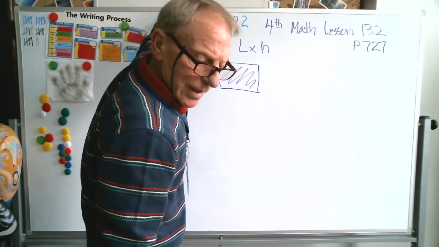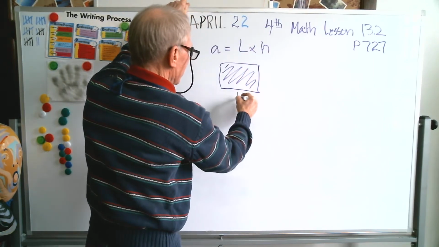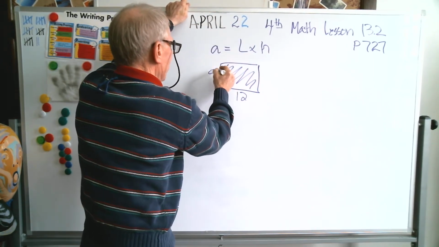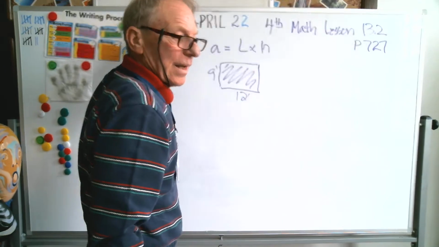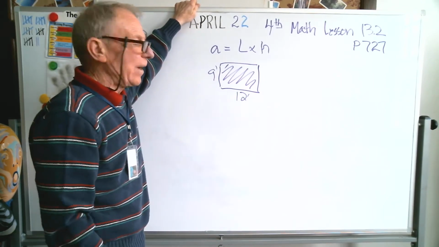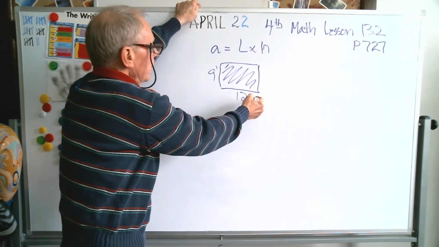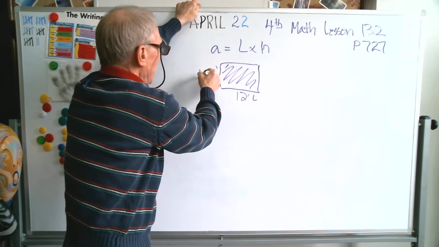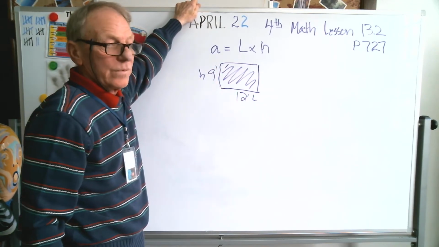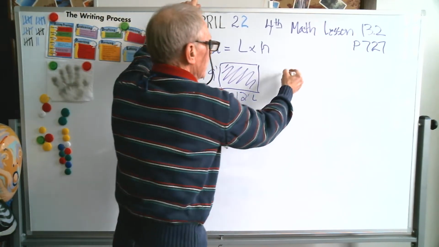And the example they give you in the book is 12 feet and 9 feet. And all you got to do to find the area is multiply the length times the height. So 12 times 9.